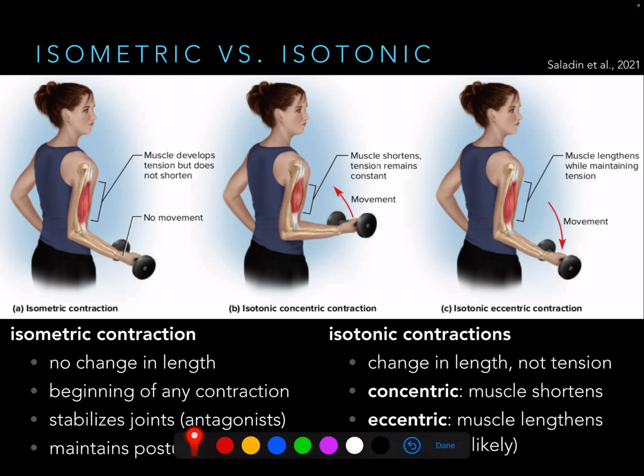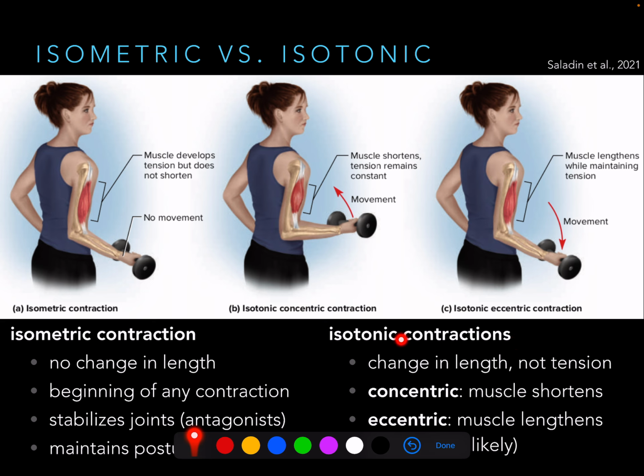Okay, isotonic contractions are used anytime we want to change muscle length. So sure, it might start off isometric, but we actually want to lift. We want to move this dumbbell around, and that movement can be in one of two ways. It can be the concentric contraction there, where the muscle shortens. So now we're isotonic.